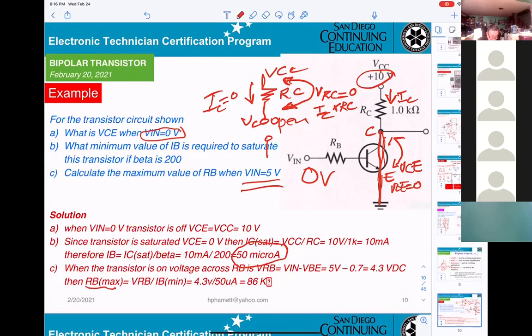RB equals VRB divided by IB, 4.3 divided by 50 microamp, you get 86 kilohm. Therefore, this is just for you to read. Whoever understands it, that's best for you. Otherwise, we are technicians, we're not dealing with this kind of problem.